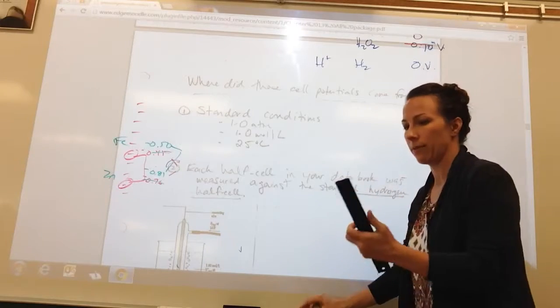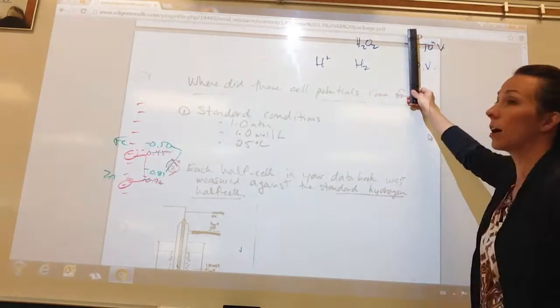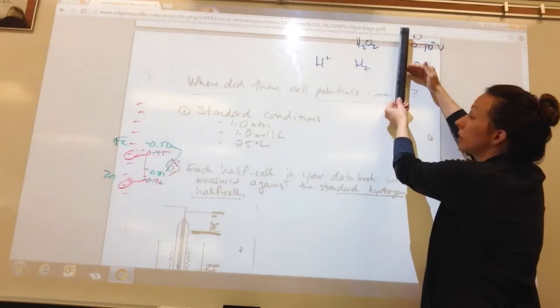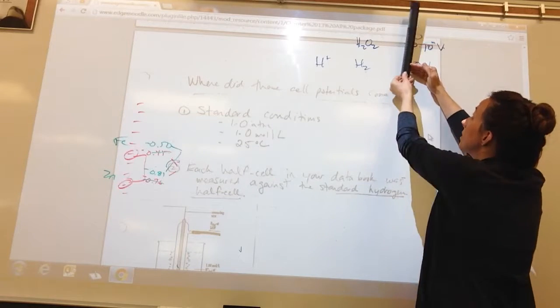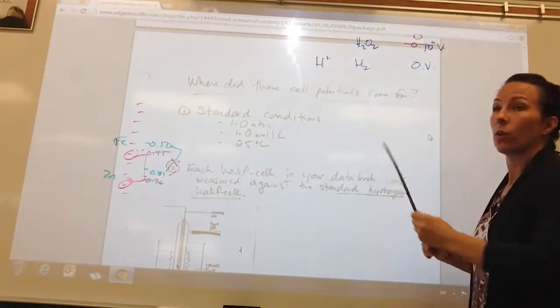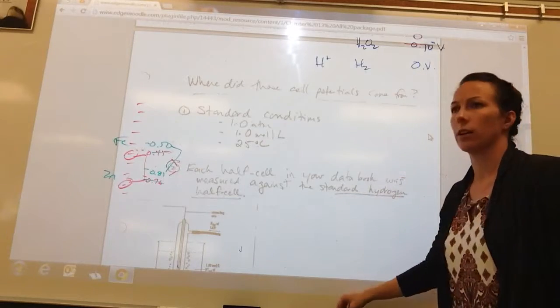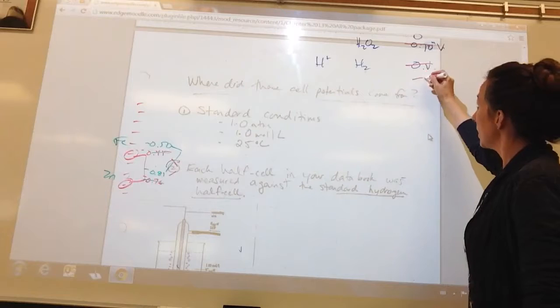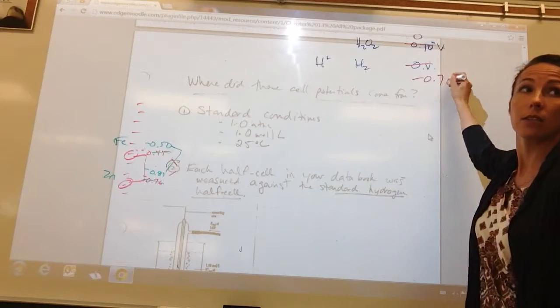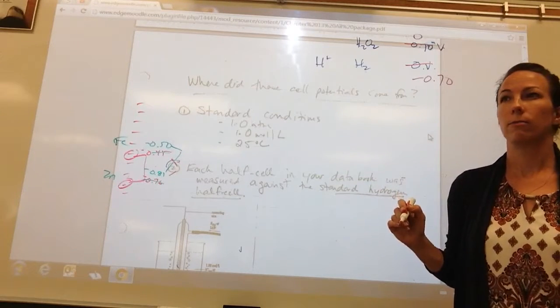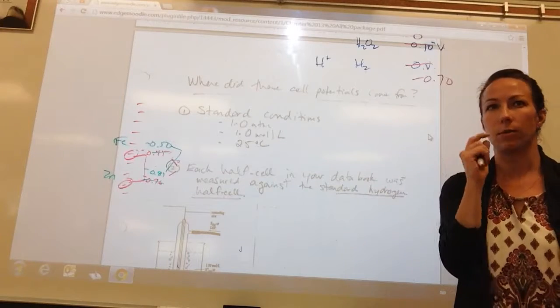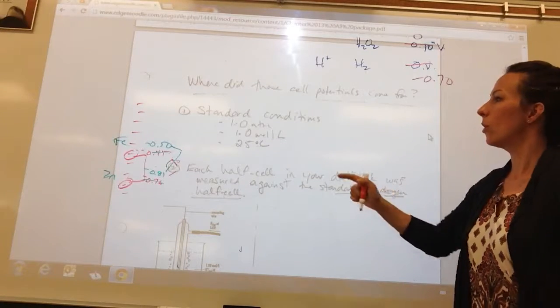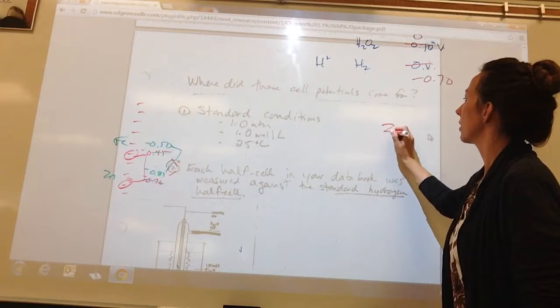So what's this saying? Well, here's my number line. There's a 0 here. But instead, I'm going to shift the 0 up here. What would hydrogen's new number be? Negative 0.70. Because the distance between them is still the same. What would zinc's new number be?